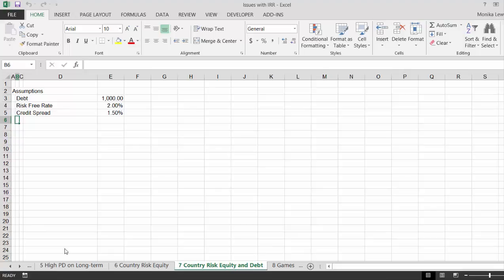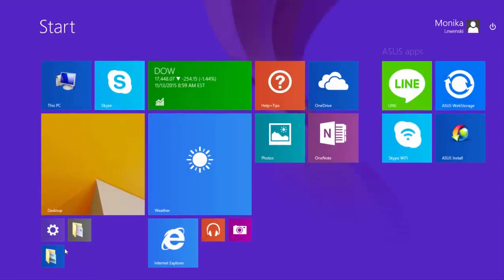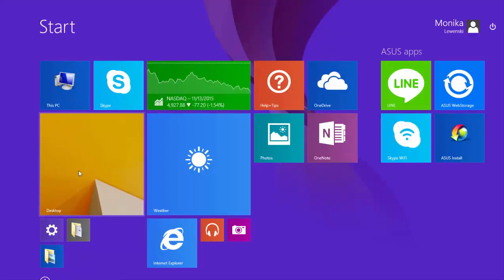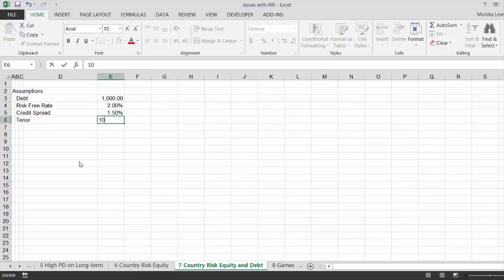Okay, and what we want to do is kind of understand what's the implied probability in this. And let's put a tenor of the debt in. Let's make the tenor 10 years. Okay, whoops, what happened there? Tenor 10 years. And then we'll just make a regular old payment.